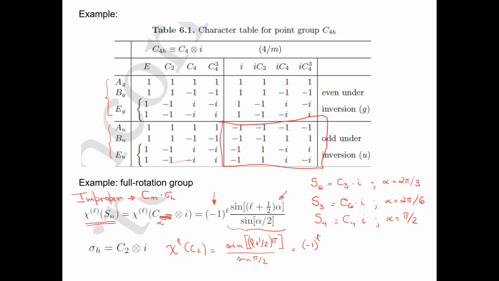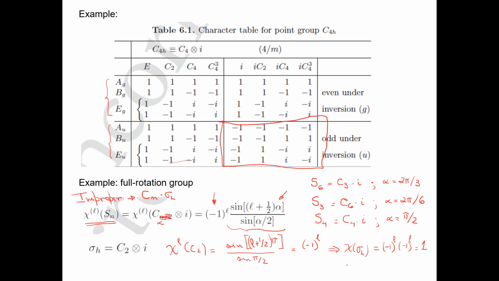Okay, so when you combine this with the character for inversion, which is -1 to the L, then the character for sigma h is always 1. So this is the result that Marcus has shown us today in the group. So this is always 1, and it doesn't matter what reflection operation you have.